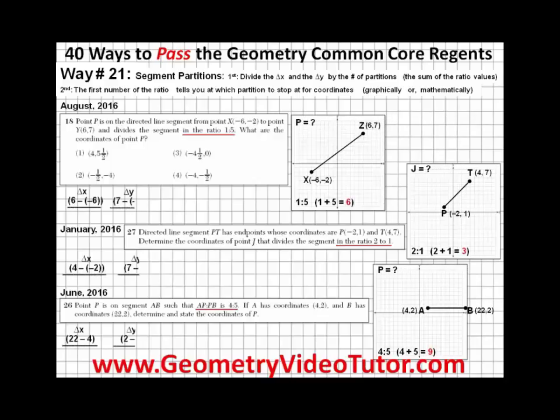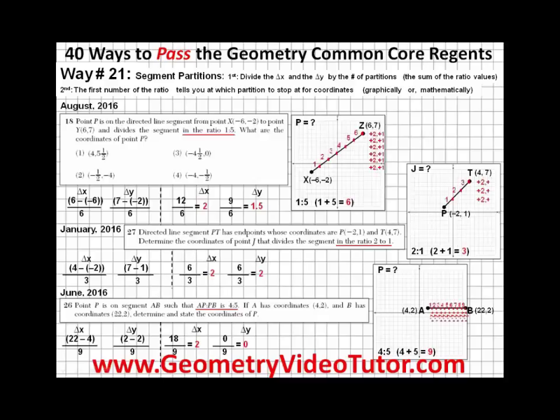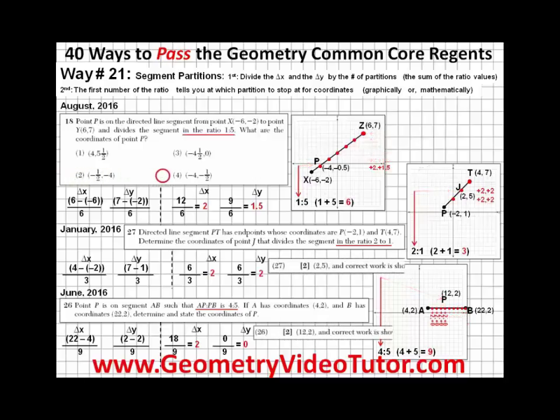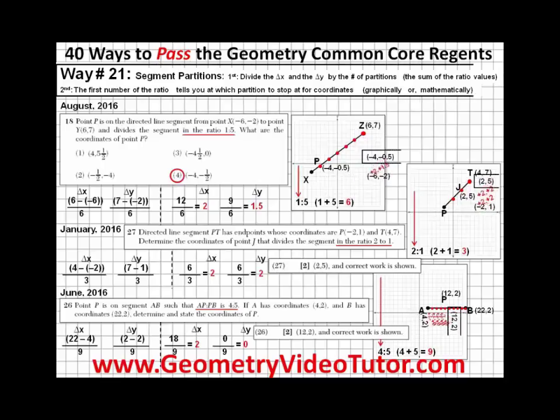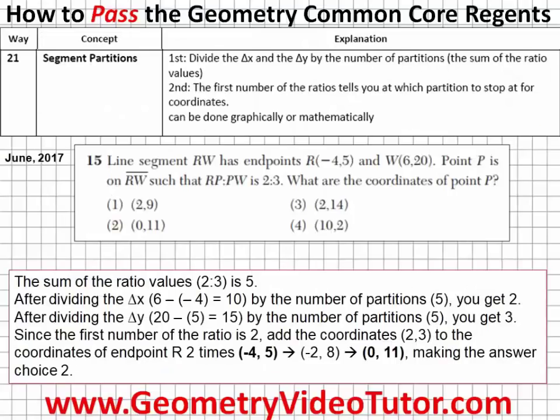Divide the change in x and the change in y by the number of partitions, and the values that you end up with represent the change in coordinates for each and every partition. The first number of the ratio tells you exactly at which partition you should stop. Okay, that was way number 21 on how to pass the Geometry Common Core Regents.